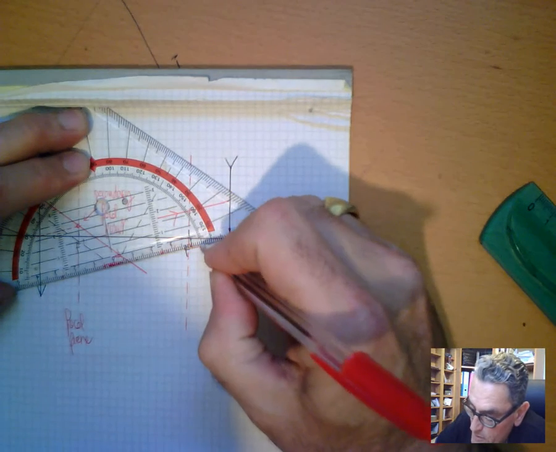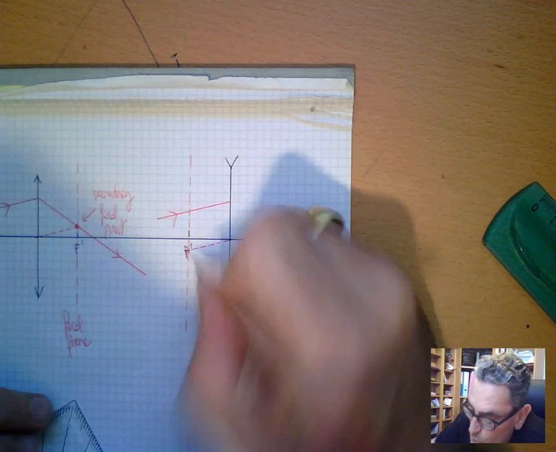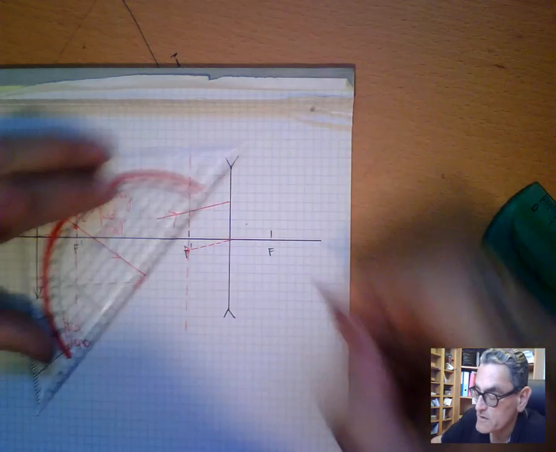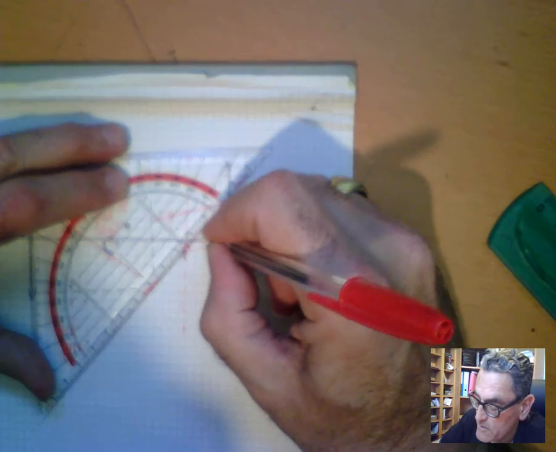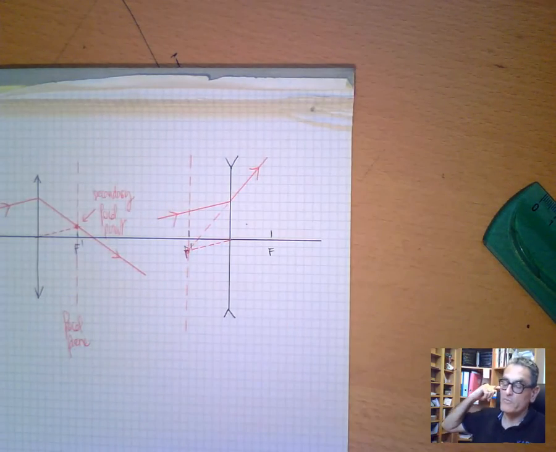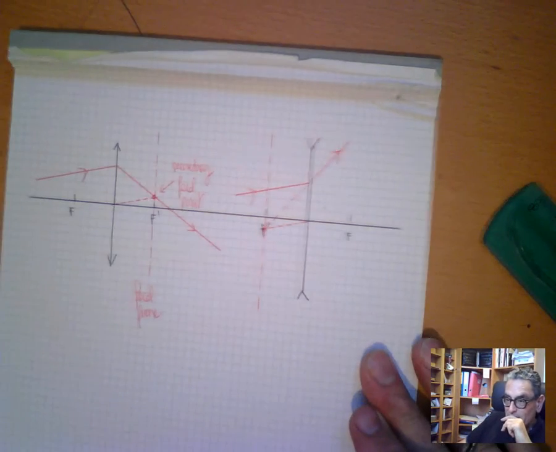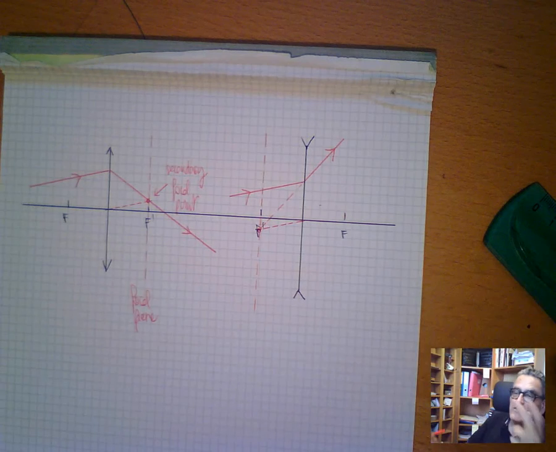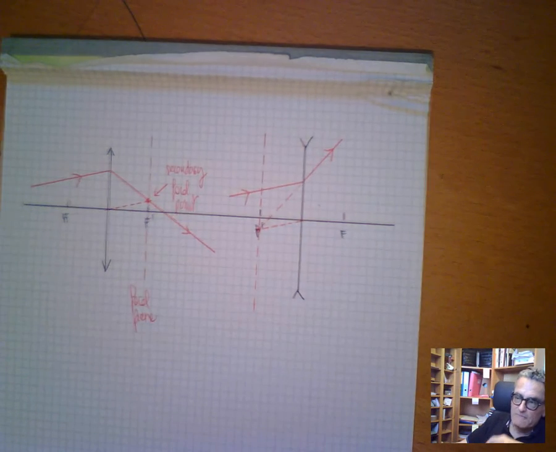We draw a parallel here, and this determines one point here, and this point gives us the direction in which the incoming ray leaves. Okay? Yes. It's a bit strange in the beginning, but actually it's fine.